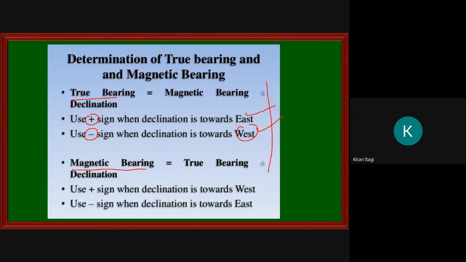Here you were using the positive sign for true bearing, and for magnetic bearing it is reversed. This is my east, this is my west. If the declination is towards the east, I used the positive sign for true bearing; here it will be negative. If it is towards the west, it will be negative for true bearing, and here it will be positive. Just remember this one.